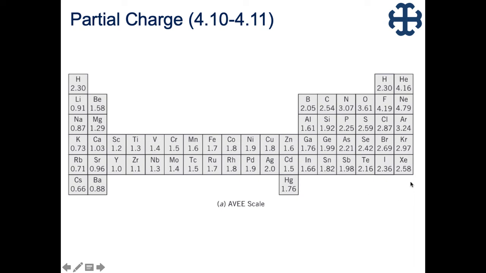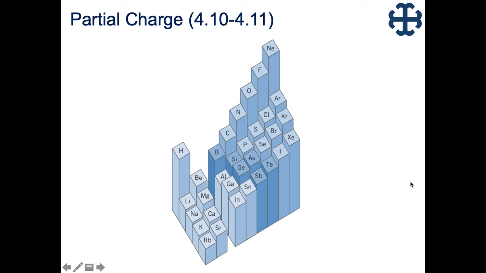Things on the right side have pretty high electronegativities. Another way we could represent that, we mainly care about the main group elements. So again, pretty low electronegativities with our left side of the periodic table, and then as we go right and further up the periodic table, our electronegativities go up and up.